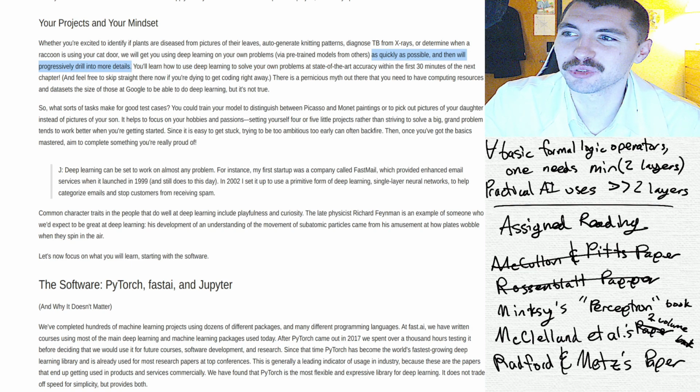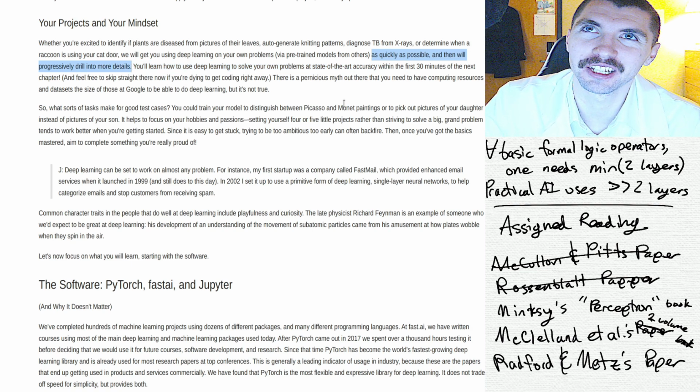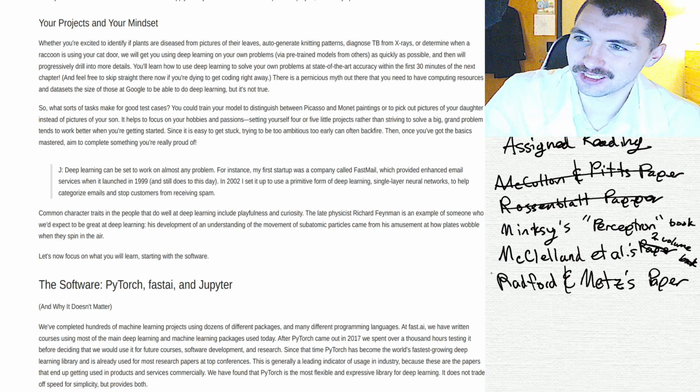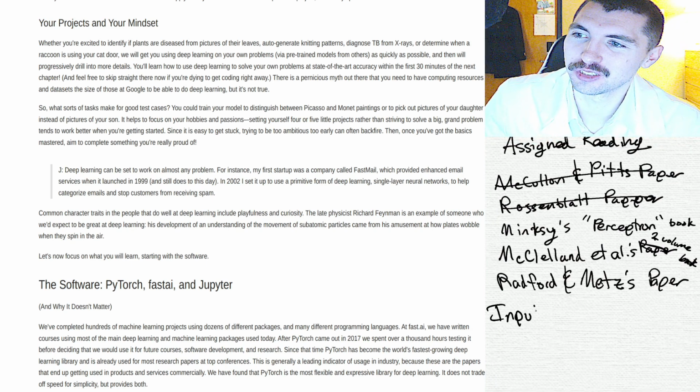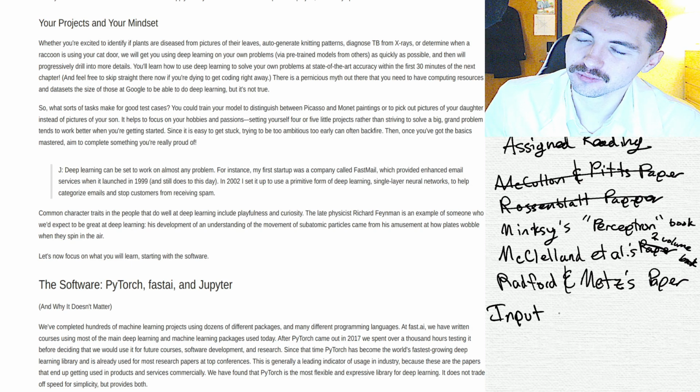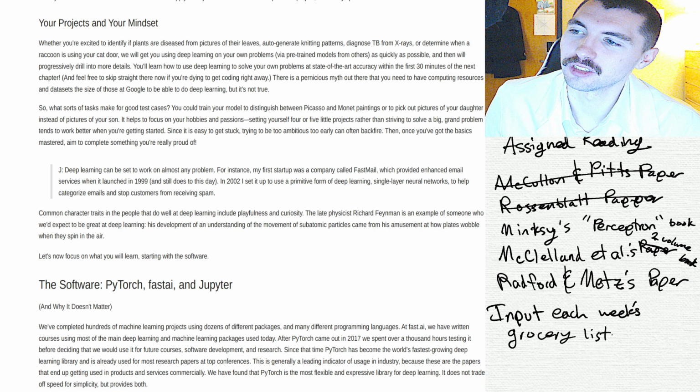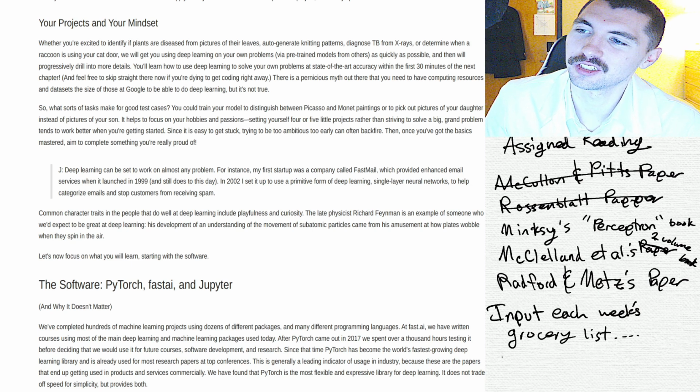Okay, so one simple example would be deep learning your shopping list. Let's say you input each week's grocery list.